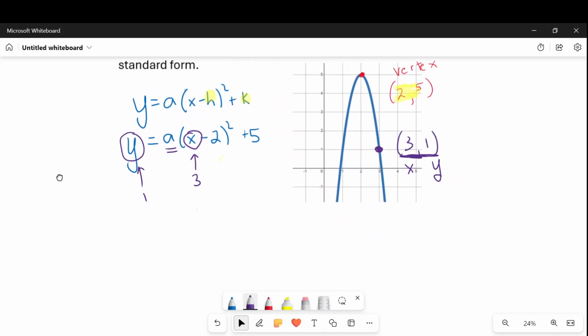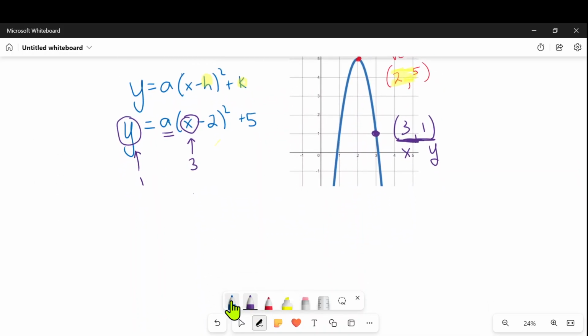So I'm going to substitute 1 for y and 3 for x. And then the only thing I don't know, the only variable, is a. So I now want to solve for a.